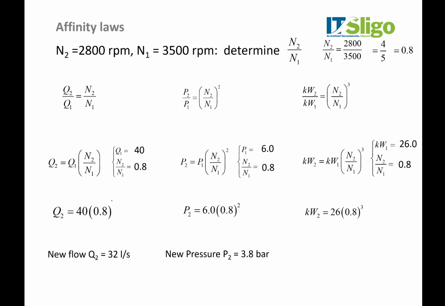Again, what you again notice, guys, is this kind of linear, quadratic, cubic. So by reducing the speed by 20%, we reduce the power requirement by nearly 50%. It was 26, now it's just over 13. So as I said, just small reductions in the speed of a pump or a fan can have huge impacts on the electricity bill associated with it.